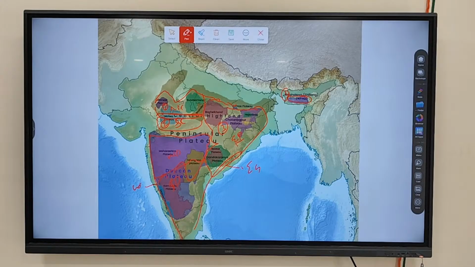These are the 8 divisions. Fine. Any doubt regarding this particular region?